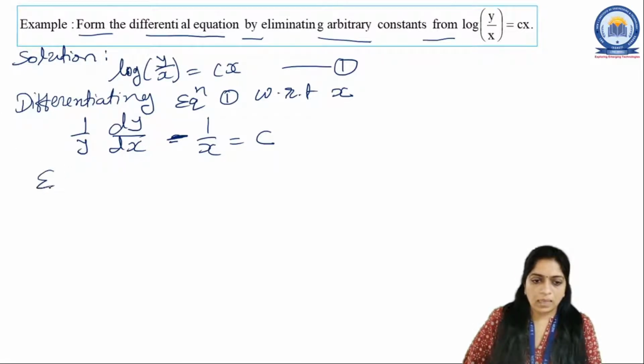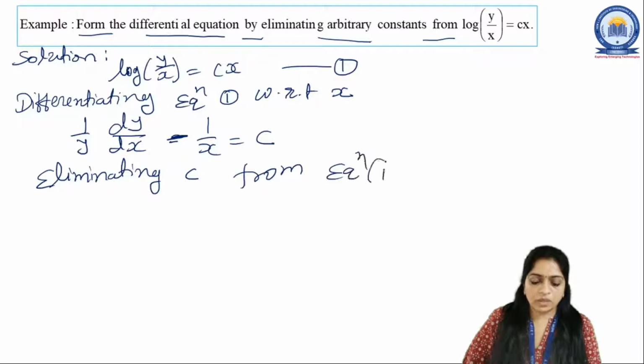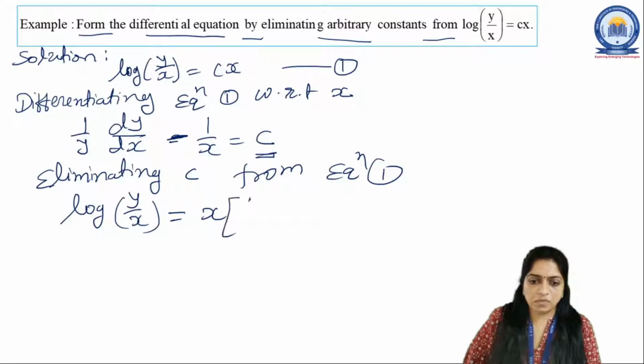Now eliminating c from equation 1, log (y by x) is equal to x times the value of c, which is 1 by y dy by dx minus 1 by x.